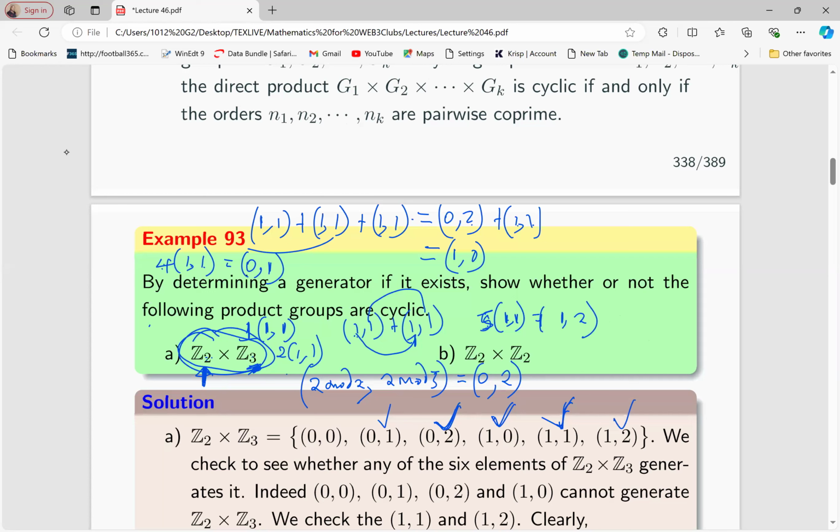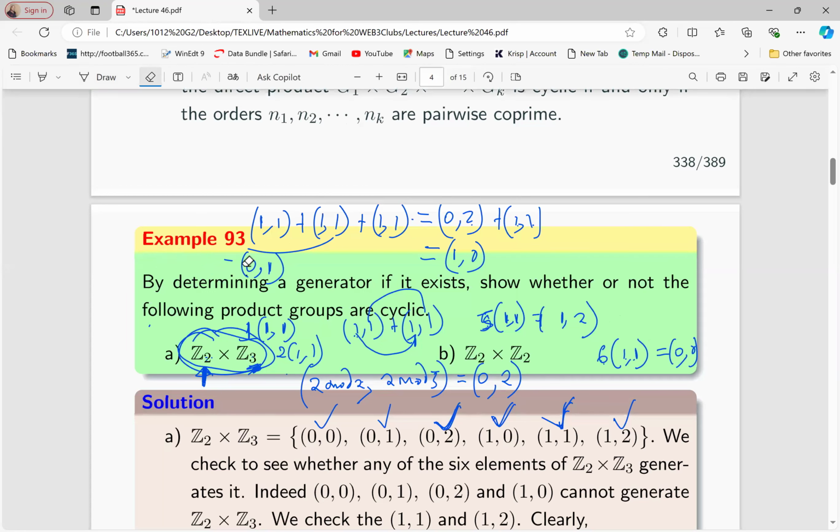Then the last time, 6 times, 1 to itself. 6 mod 2, the remainder is 0. And 6 mod 3, the remainder is 0. We generate the last element. So 1, 1 is a generator.